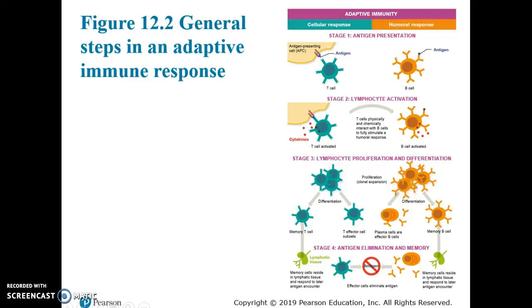Both T cells and B cells have to be activated by their specific antigen. Once that has happened, you go through that activation process. And usually what is involved is the T cell being activated and it producing cytokines.